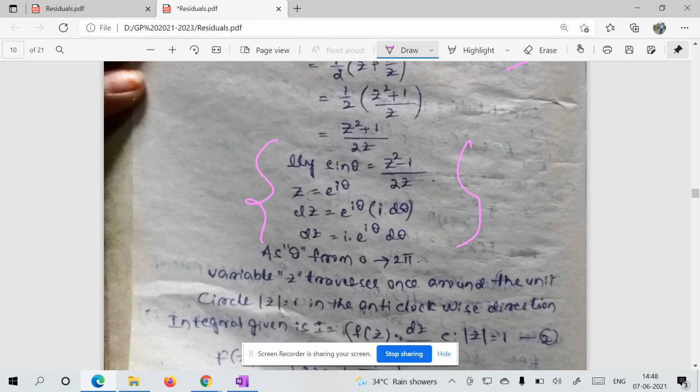Theta means in the x y direction, whenever it is rotating, it travels in the anti-clockwise direction.